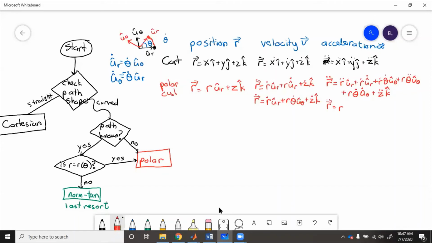So here again we have r double dot u_r plus r dot theta dot u theta plus r dot theta dot u theta plus r theta double dot u theta plus r theta dot, and u theta dot over here is negative theta dot u_r, so this will actually become a negative.